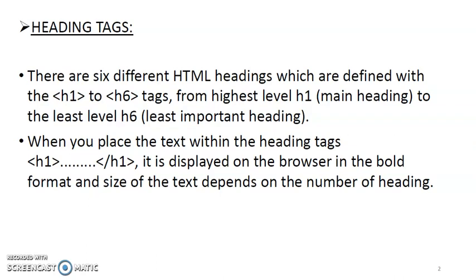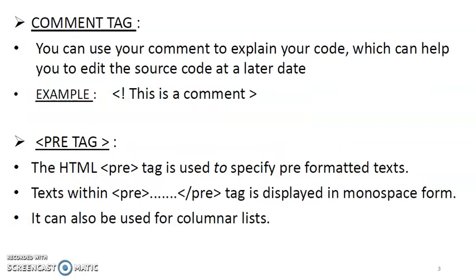So you can see your next tag is the comment tag. Now what is the meaning of comment? The comment tags are some text or code which is written in your code to give an explanation about the code, and it is not visible to the user.